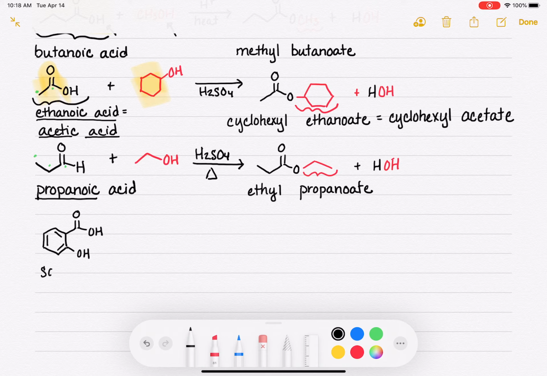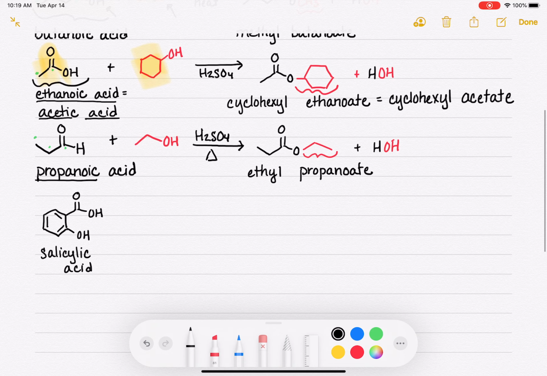This is salicylic acid, which we have talked about a couple times. It's a beta hydroxy acid. It's the ingredient that comes out of meadowsweet that burned people's mouths. And we're going to react salicylic acid with ethanoic acid or acetic acid.